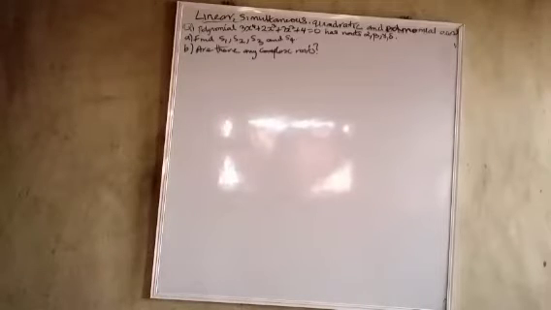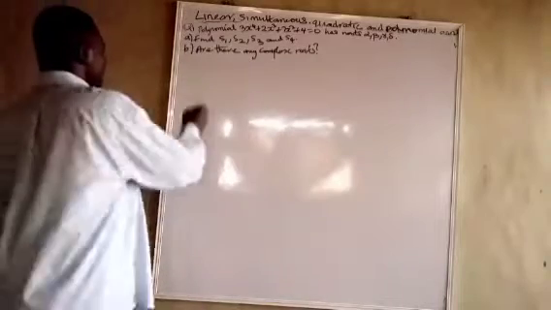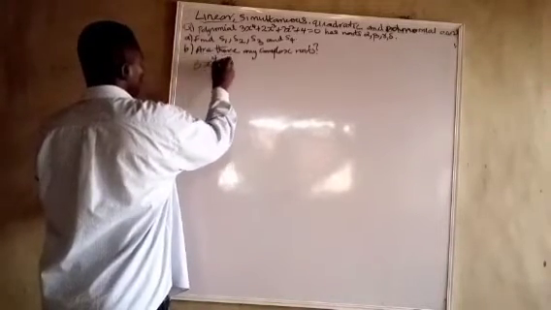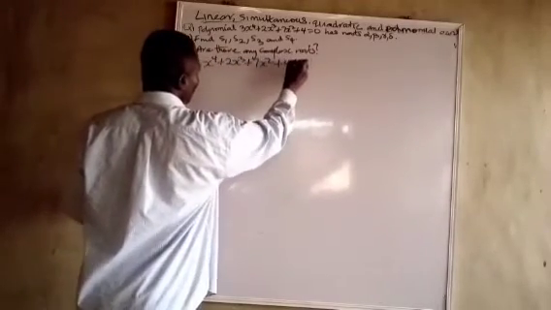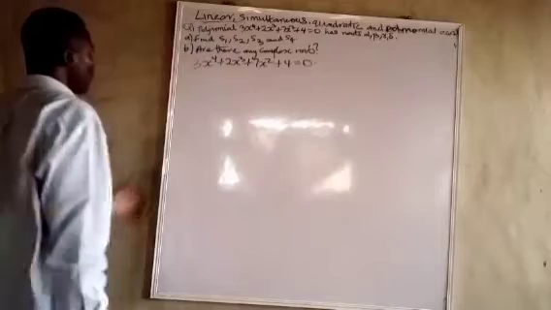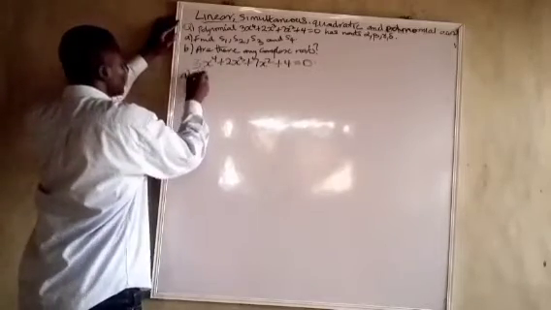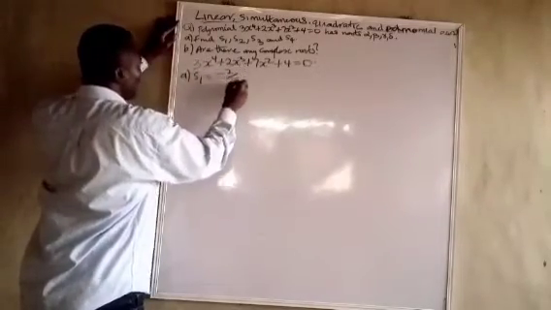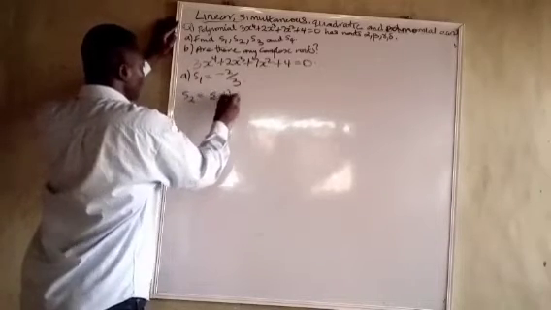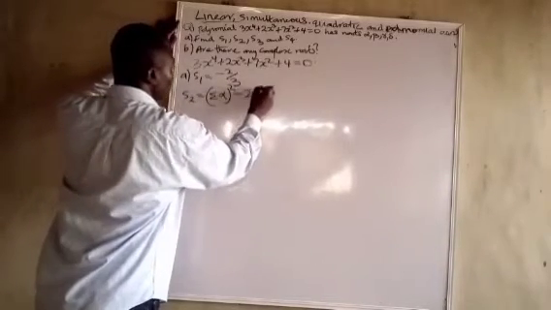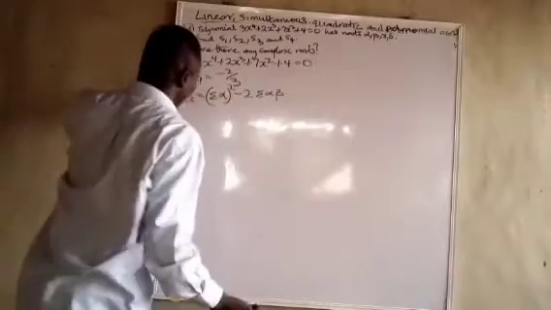The polynomial 3x raised to the power 4 plus 2x cubed plus 7x squared plus 4 equals 0 has roots alpha, beta, gamma, delta. Find s1, s2, s3, and s4. From here, our s1 is equal to minus 2 over 3. S2 is equal to summation alpha squared minus 2 summation alpha beta.